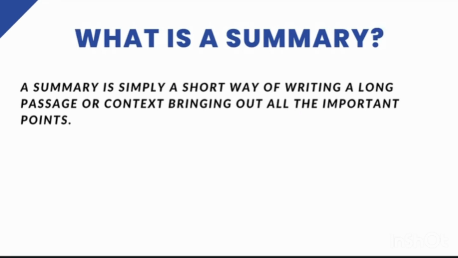When you are writing a summary, you have to be economical with the number of words. At grade 12 level, they will even specify the number of words that you are supposed to write. So you have to be economical with the number of words, but you also need to bring out all the important points in that particular context. So that is a summary.